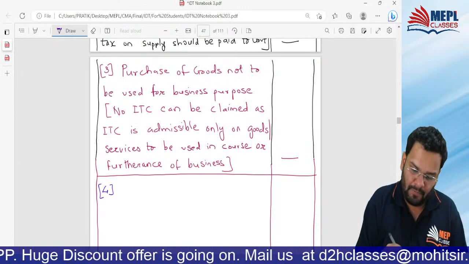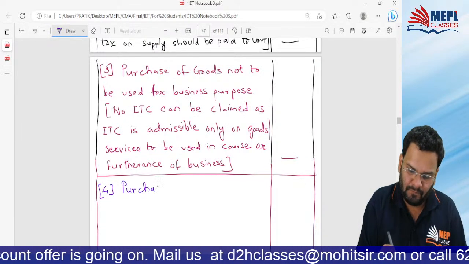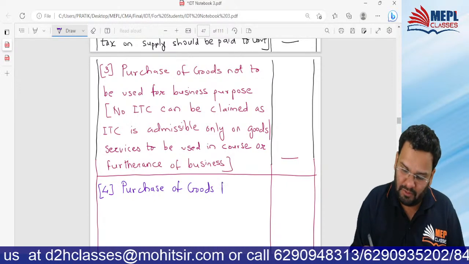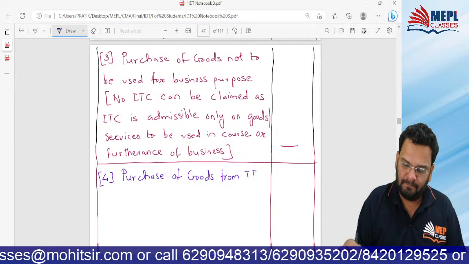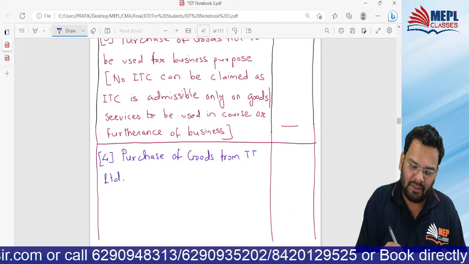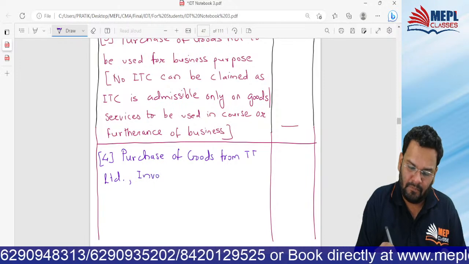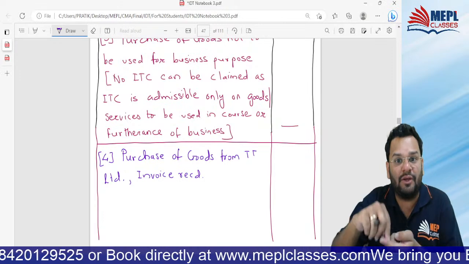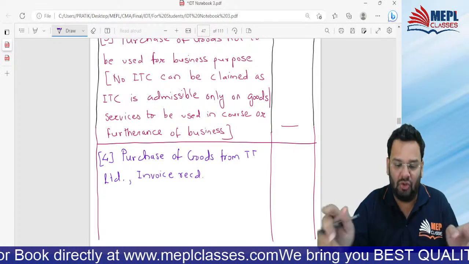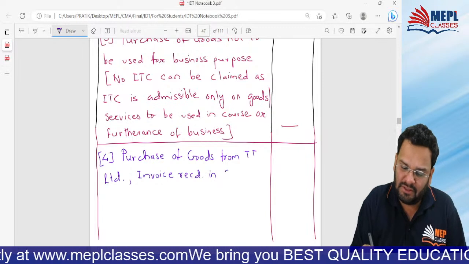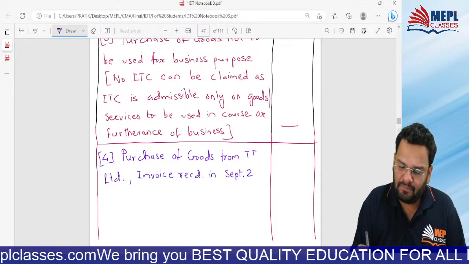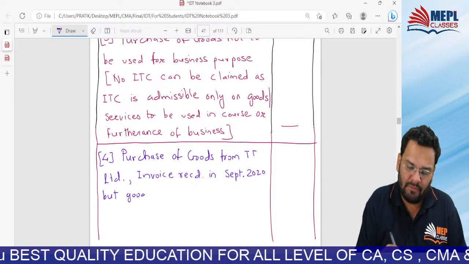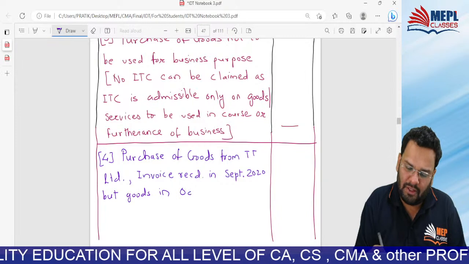Only the invoice is received now. Can you claim ITC in September? No. Invoice received in September 2020, but goods in October 2020.